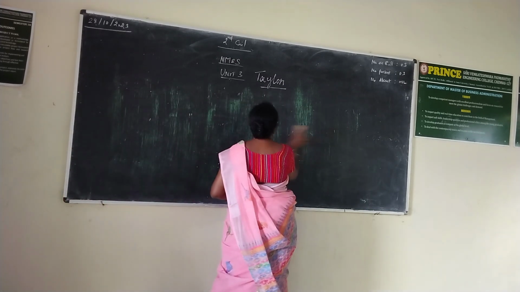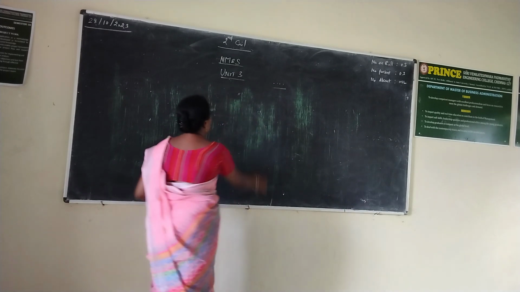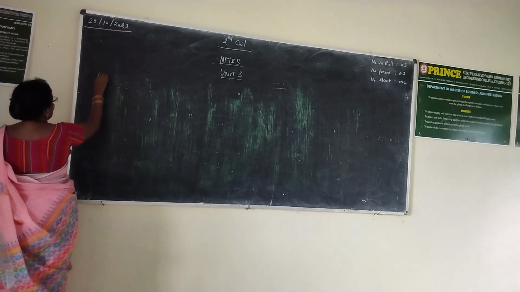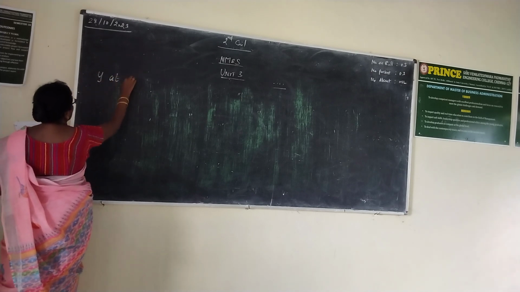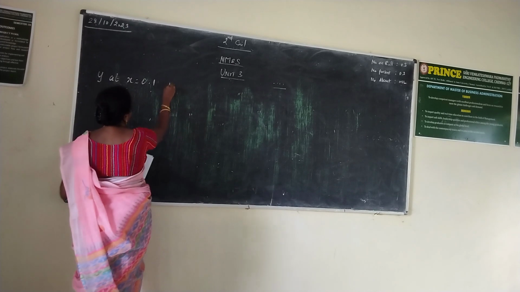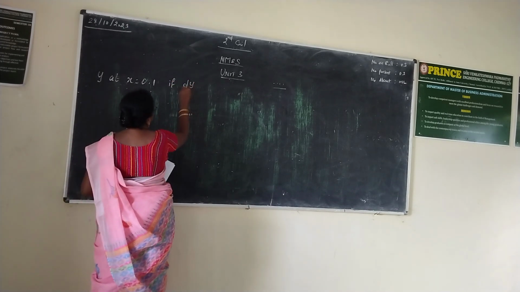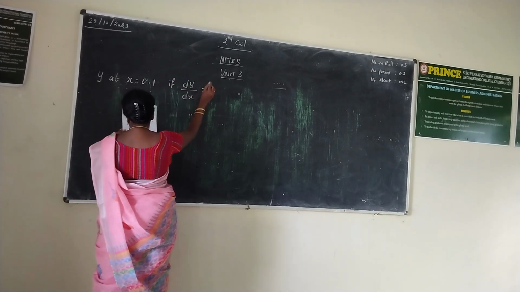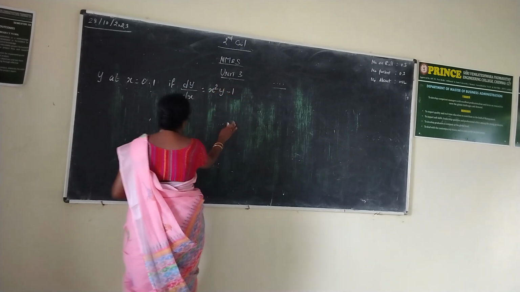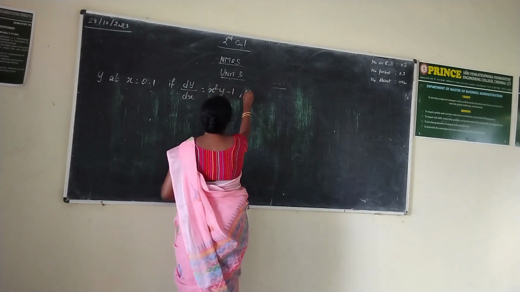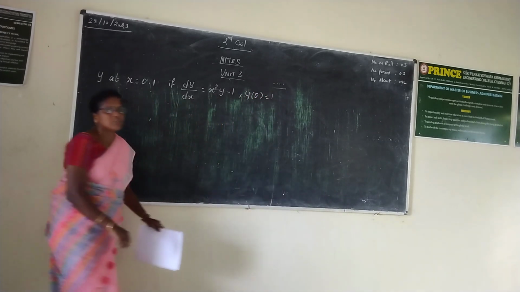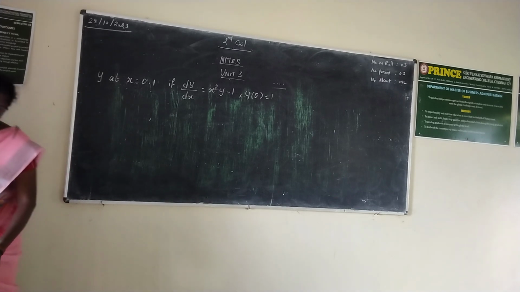Find y at x equal to 0.1 using the Taylor series method, if dy by dx is equal to x square y minus 1, with y of 0 equal to 1.